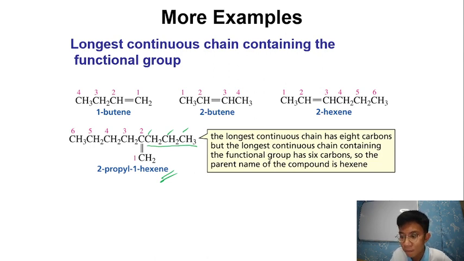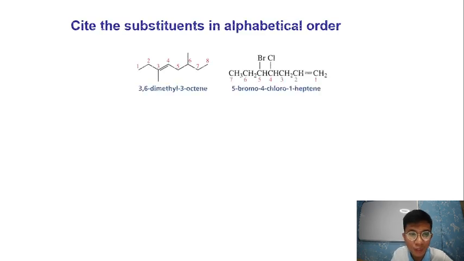So, ganun po. Pag gawin natin dalawa yung substituent, o di dalawa naman. Same rules din, you just alphabetize the substituent, pero dapat ay you should establish the correct numbering, which end you will start that you will give na mas mababang number.